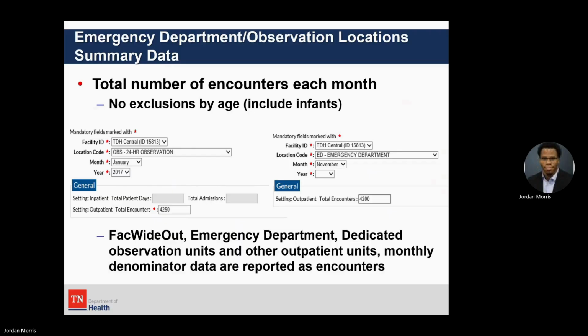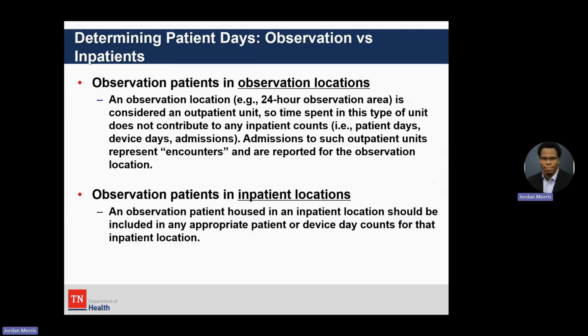There are no age exclusions for outpatient encounters. When determining patient days, a dedicated observation unit is considered outpatient, so it does not contribute to any inpatient counts. Admissions to such outpatient units represent encounters and are reported for the observation location. An observation patient housed in an inpatient location should be included in any appropriate patient or device day counts for that inpatient location.